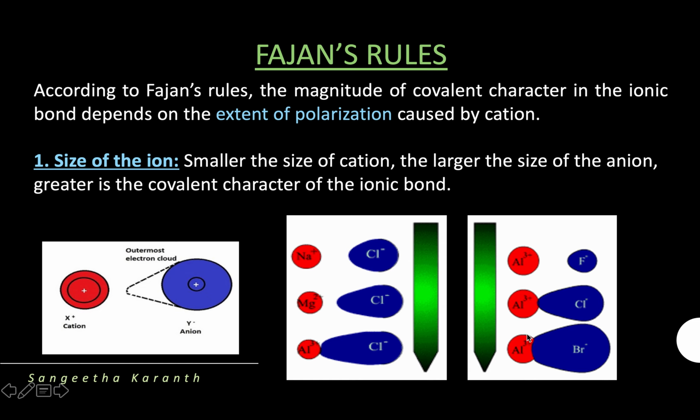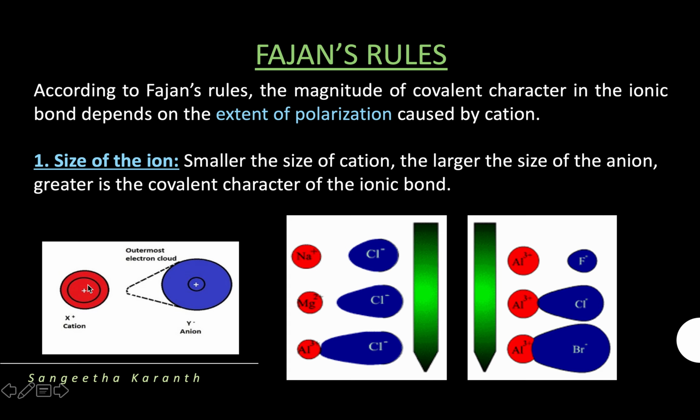Here the cations are kept constant. Fluoride is small in size, so polarization is less. Chloride is larger, so polarization is effective, whereas bromide, which is the largest of the three, has maximum polarization. So one thing you have to remember: for effective polarization, the cation should be small and the anion should be very large.